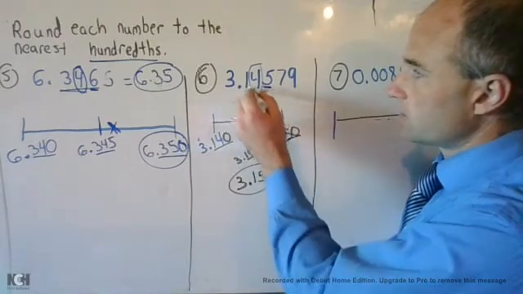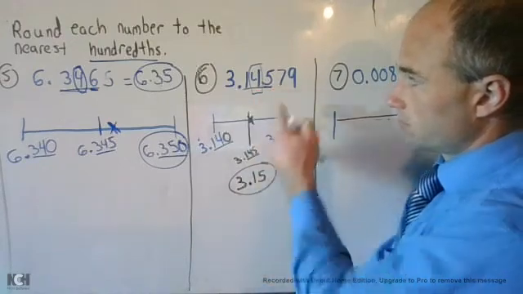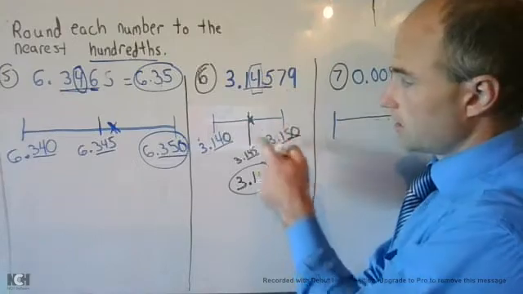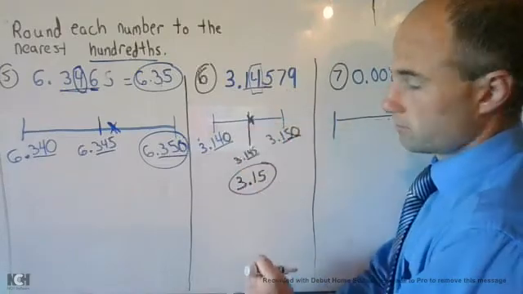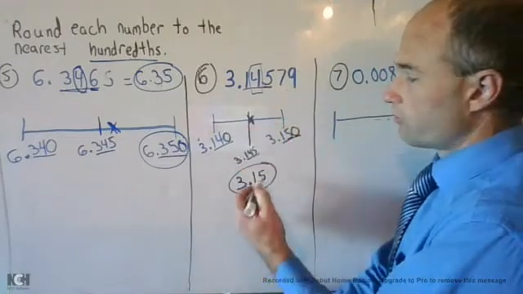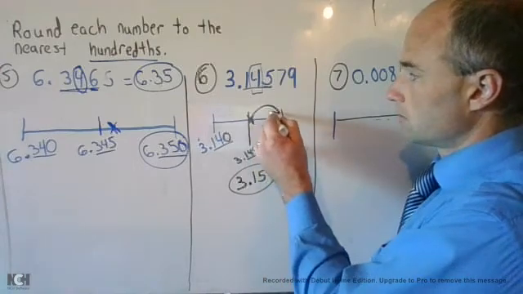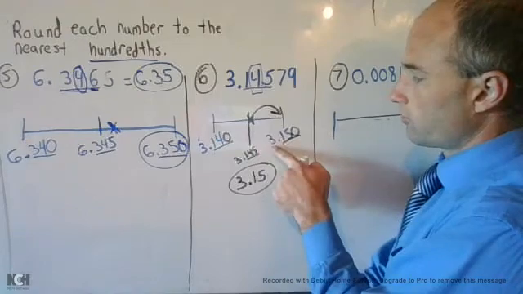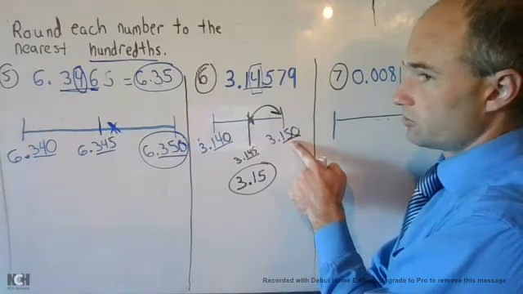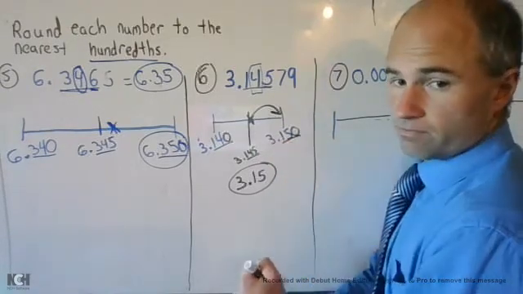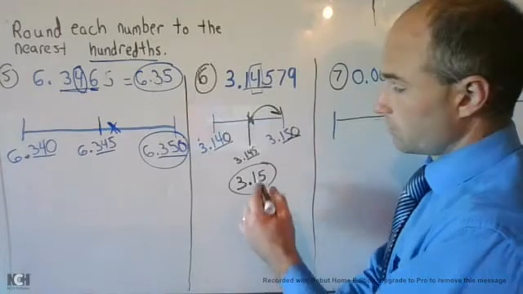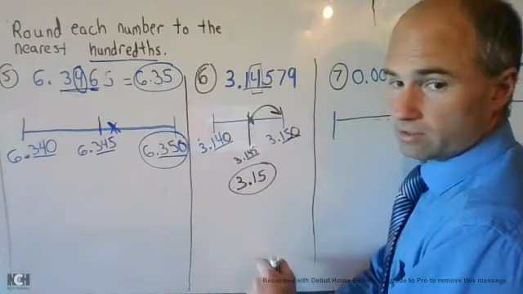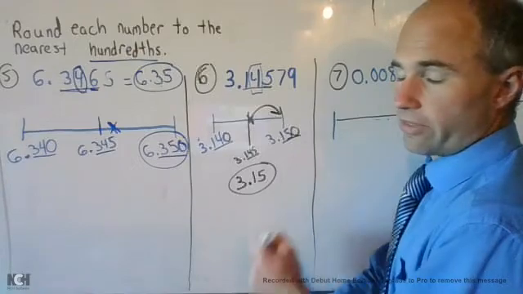And I can visually see 145 plus a little extra is going to be right about there, which is going to force me to shift up to 3 and 15/100ths. Yeah, 3 and 15/100ths being my answer, because there's nothing in the thousandths place.